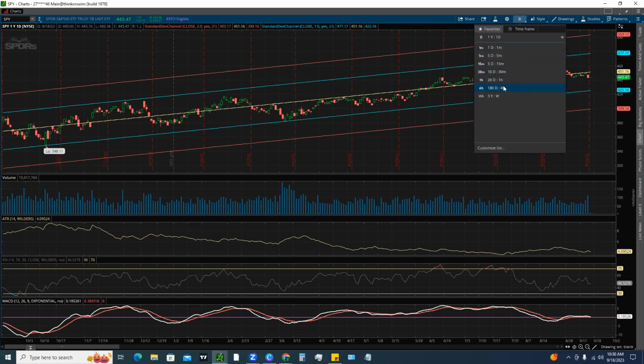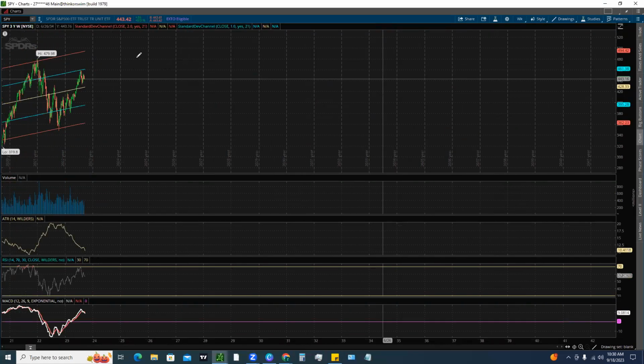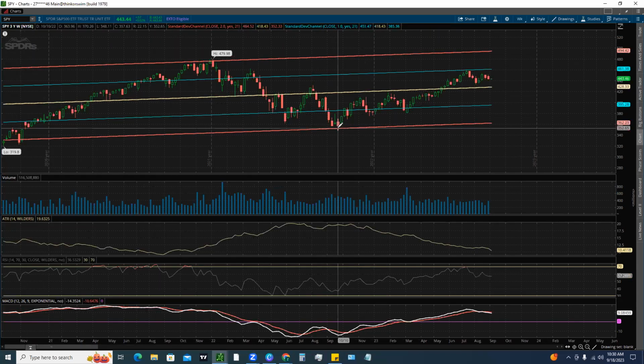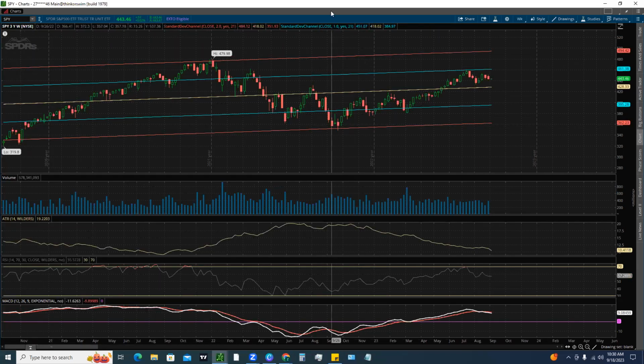Now, if we zoom out to a weekly time frame, okay, and we were to take a look at this, look at where the bear market lows were when the stock market bottomed most recently in October. Look at where it came to. It came to that area below the 2 standard deviation. Okay.